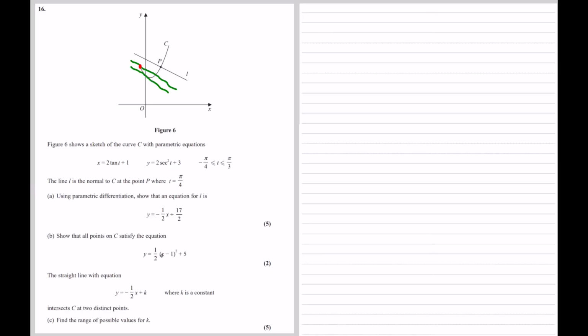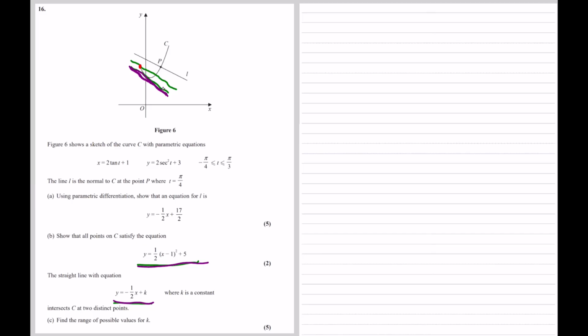So let's use the equation. If it's a tangent, so for this one here, this purple line, if we solve them simultaneously, there'll be one solution. So we can use a discriminant, and that will find where it is a tangent.